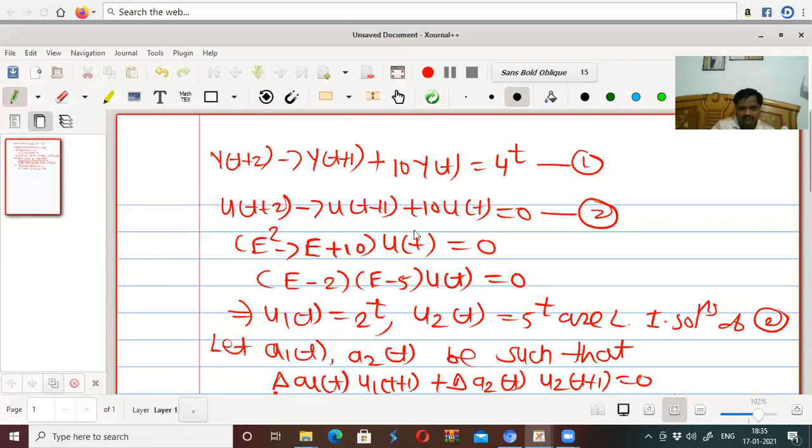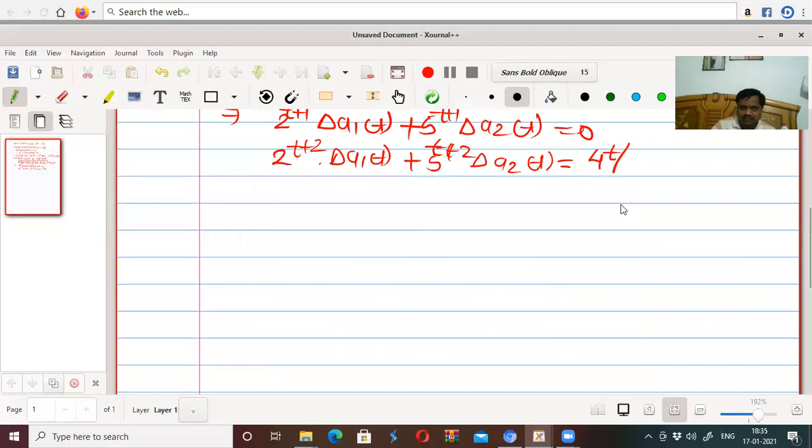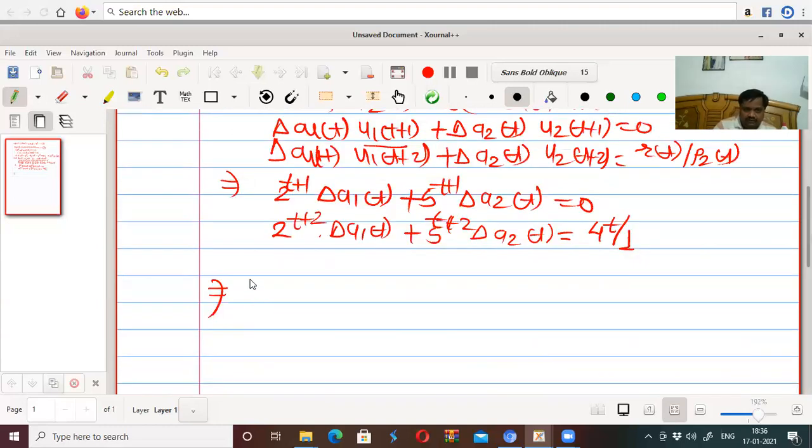It is 1 again. 4 to the power t upon 1. This implies delta a1t is equal to the determinant, where the first column is replaced by 0, 4 to the power t, and the second column is 5 to the power t plus 1, 5 to the power t plus 2.